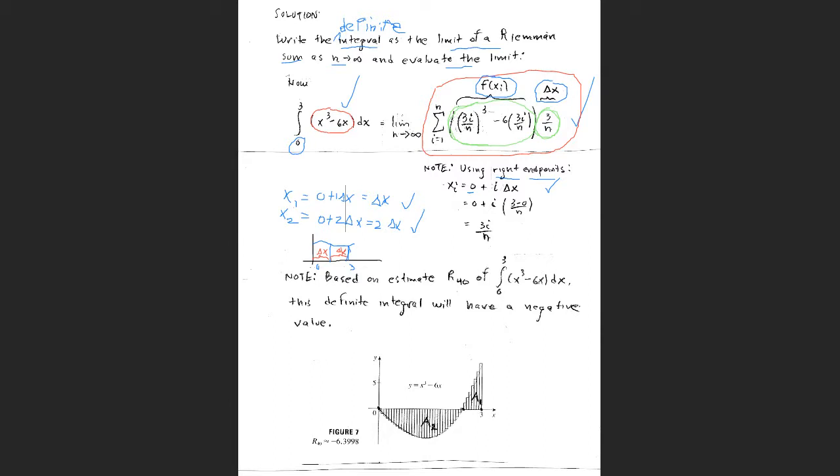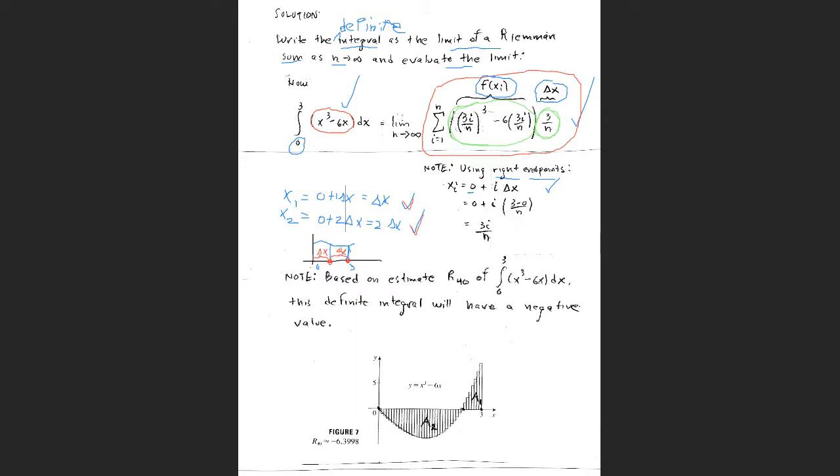So the right endpoint for the first subinterval is just delta x. And then for the second subinterval, the right endpoint is going to be 2 delta x. So that's what's going on here.